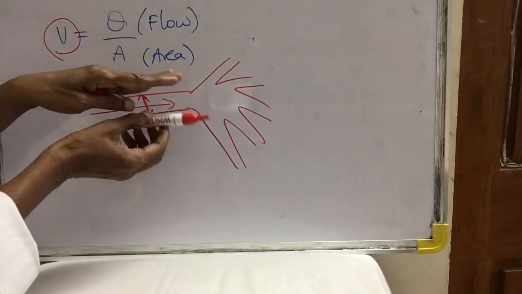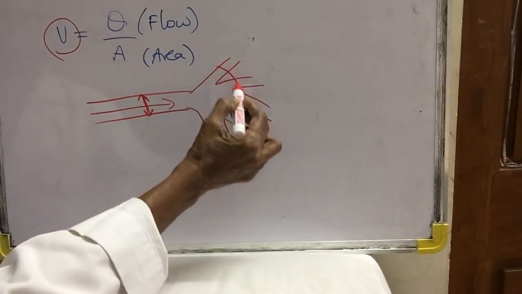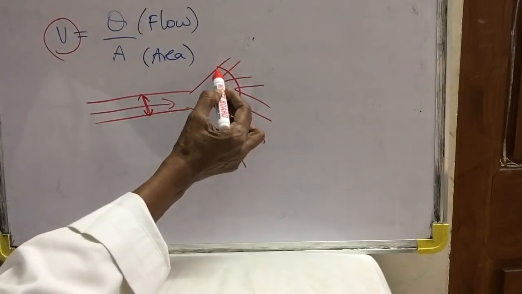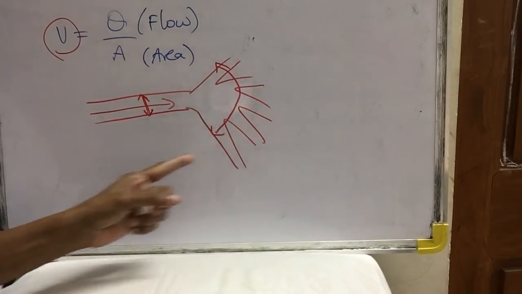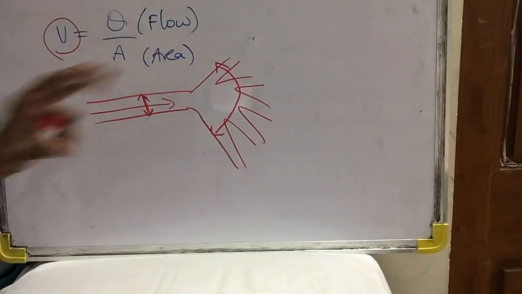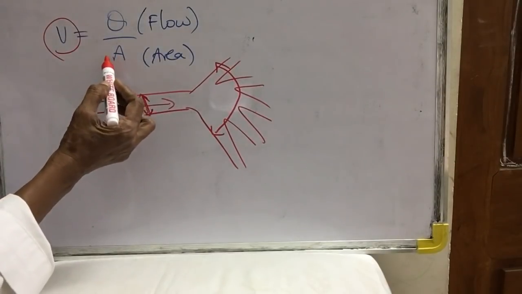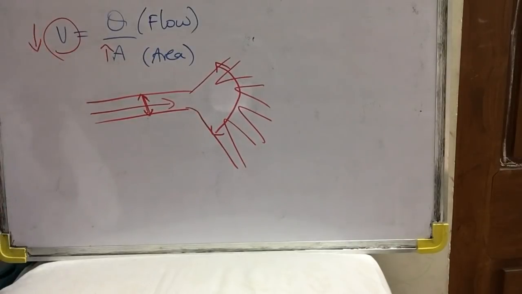Whereas as the vessel has divided into different branches, the cross-sectional area is increased, because we take the cross-sectional area of all these branches, not an individual branch. So compared to the main vessel, here the cross-sectional area is increased. If the cross-sectional area is increased, what will happen to the velocity? It will naturally decrease.